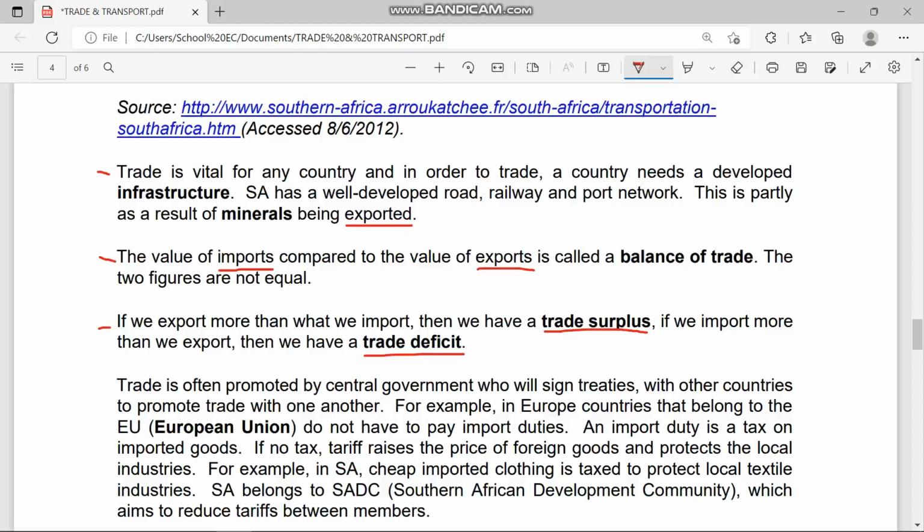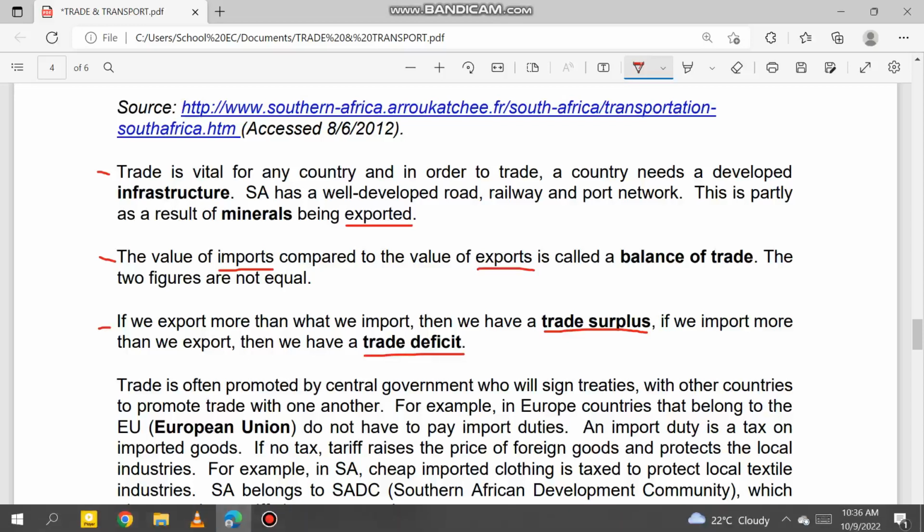The rate of importing is higher than the rate of export. That's a negative balance of trade, which is hurting your economy as a country. Yes, that's how it goes.